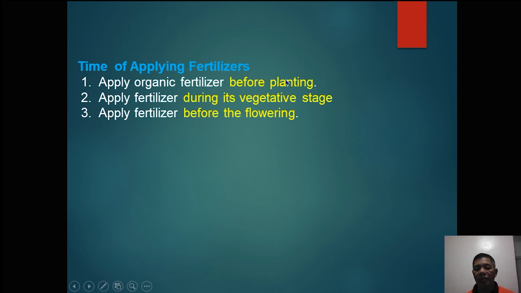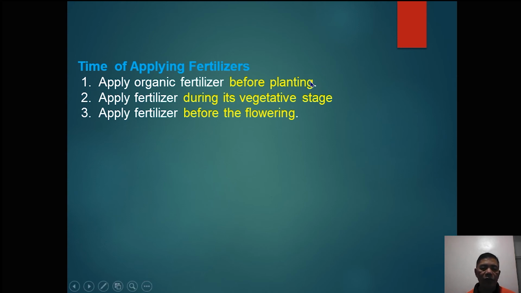Sometimes 1 week before planting. Why 1 week? In order for the fertilizer to be converted into chemical form which is absorbable by the roots of the plant.